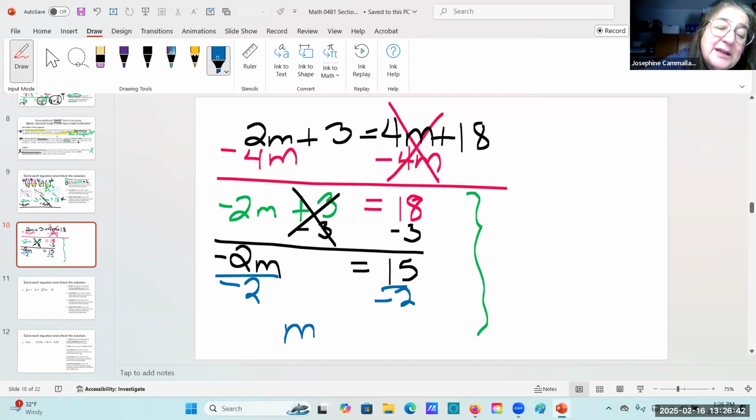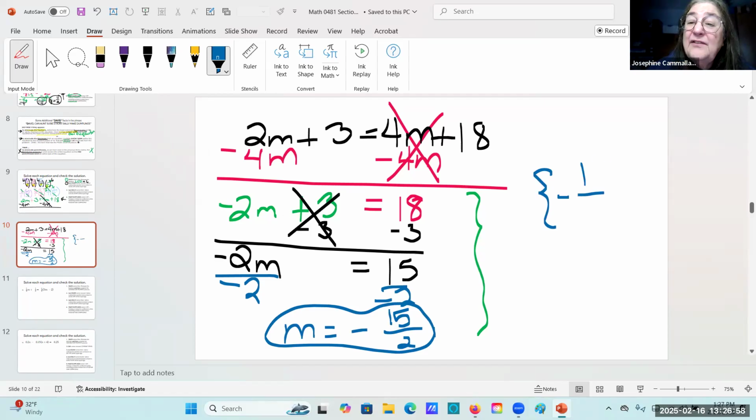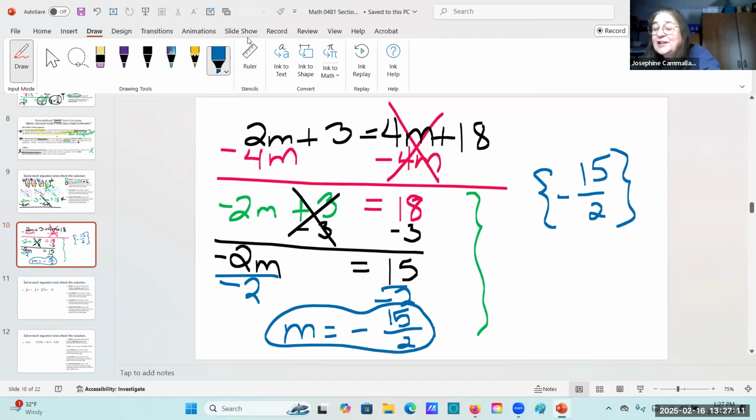Now the m is equal to a negative. Now we put the negative with the fraction bar. It's negative 15 over 2. Notice I eliminated my fractions. The rest was easy. I just had to know what to do.